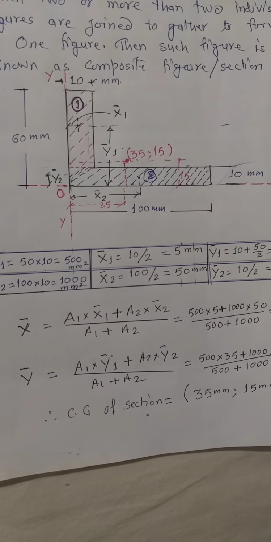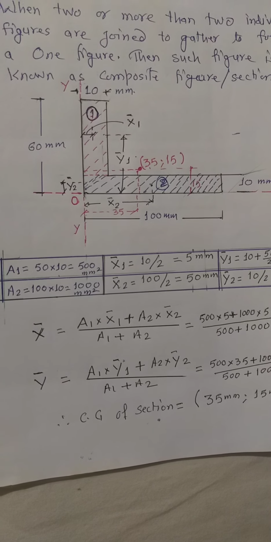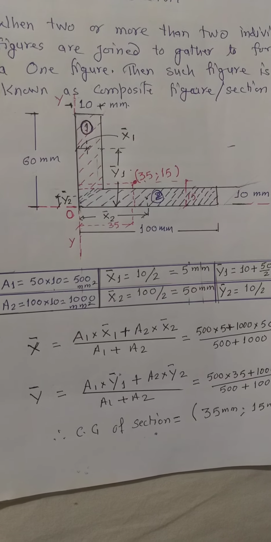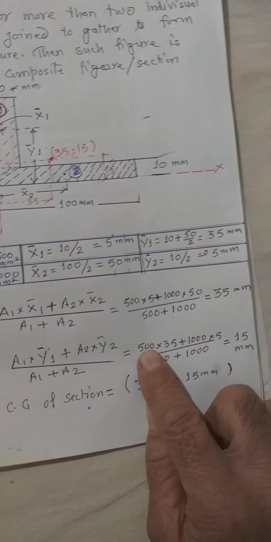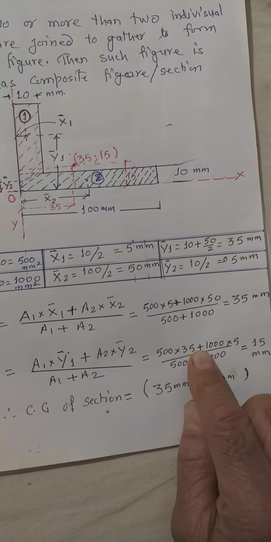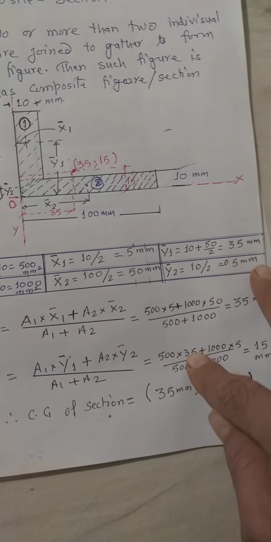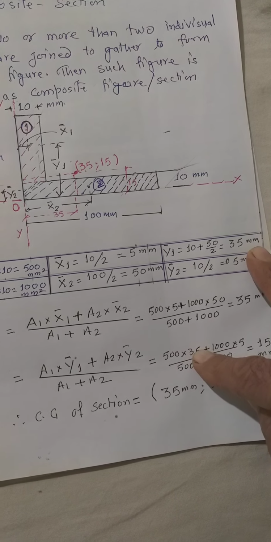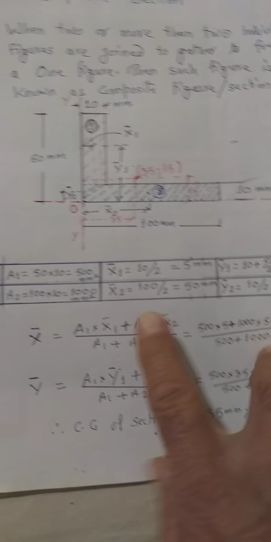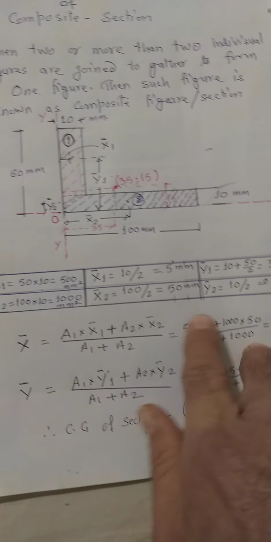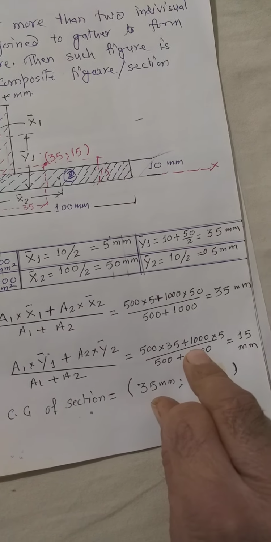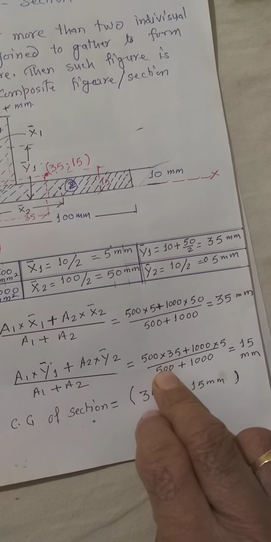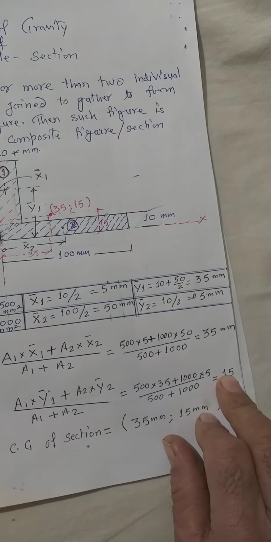Now you know the area A1 is equal to 500, A2 will be 1000. Just see, here also written A1 y bar 1, 35, that we have already seen over here, plus A2 1000, y bar 2, that is 5, upon A1 plus A2, that will be 15.